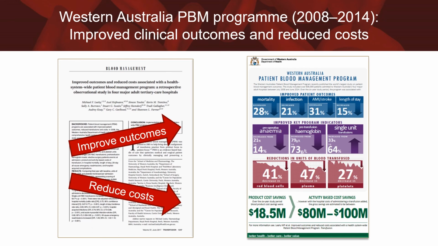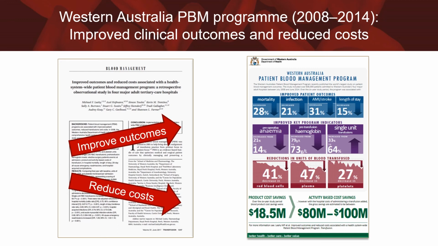Preoperative anemia reduced from 21% to 14%, and pre-transfusion hemoglobins from 79 to 73 grams per litre. Single unit transfusions rose from 33 to 64%.